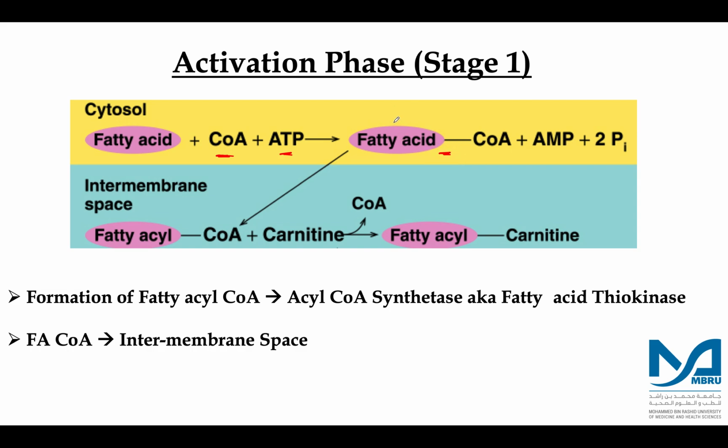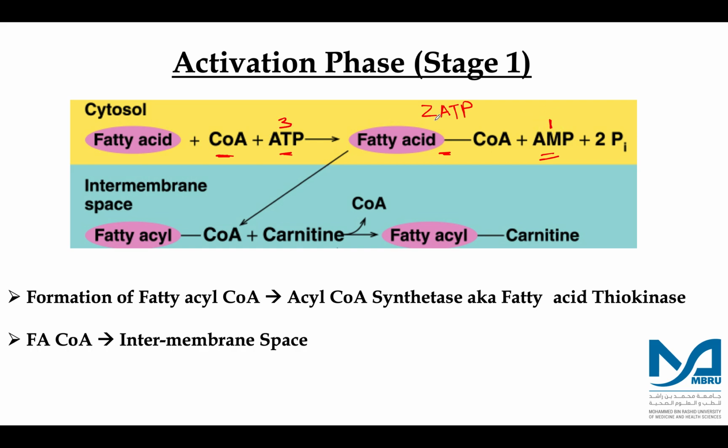In the process, I can say that I have used 2 ATP molecules. The reason, go back to your concepts that we talked about. I am breaking 2 high energy phosphate bonds in ATP, because if I look into this reaction, I am converting ATP to AMP. So this is adenosine triphosphate and this is adenosine monophosphate.